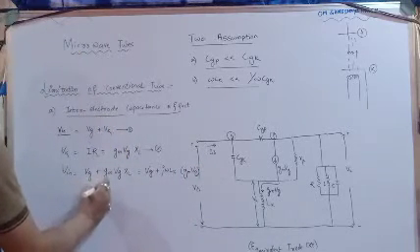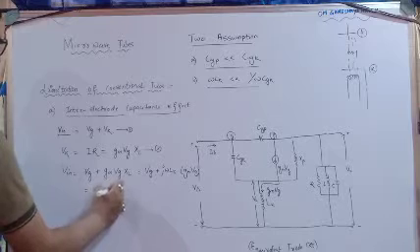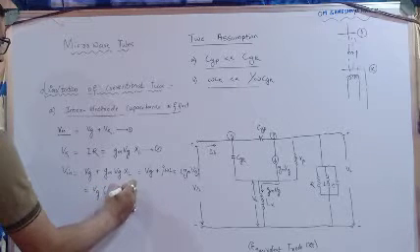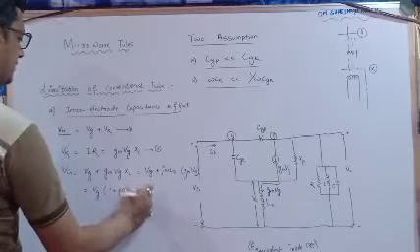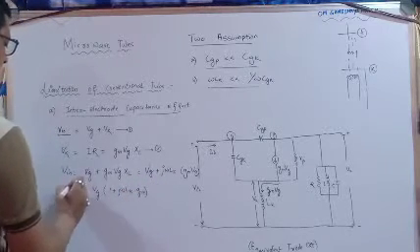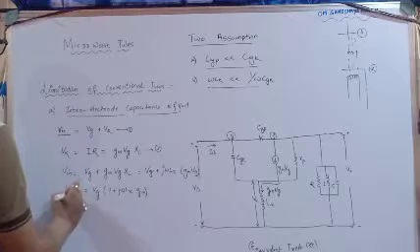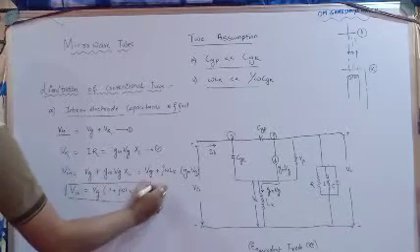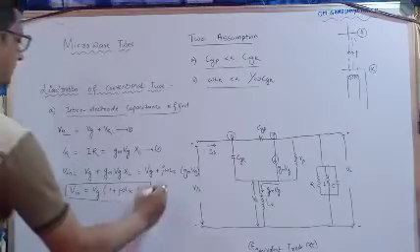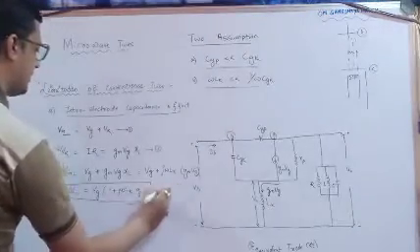So here you can consider Vg as common: 1 plus j omega Lk into Gm. So this is my V in. This is called our input potential.